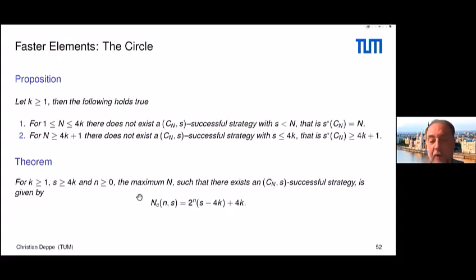We again do it for the circle, just to analyze it. I think if someone gives it to you with a solution in the homework, you will immediately find the strategy if you know the other strategy, because it's just the same halving strategy, but now you get additional k positions instead of one position.